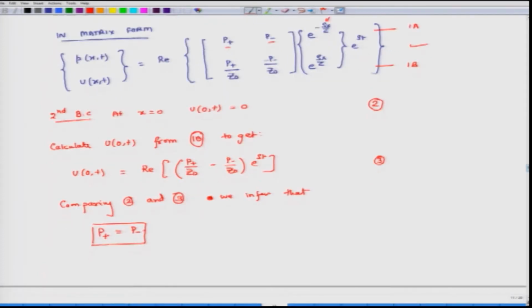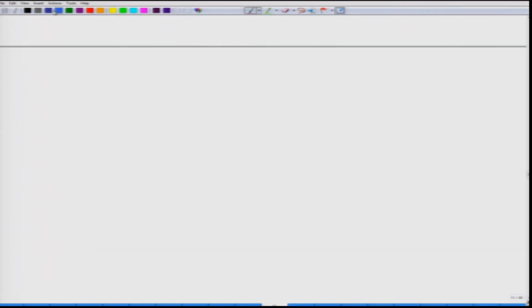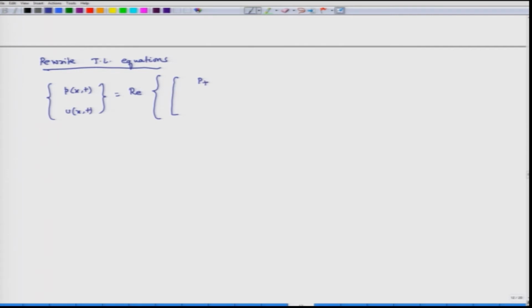Okay. So, using this understanding we rewrite the transmission line equations. So here we get P of x, t and u of x, t. The first constant is P plus and the next constant is P minus, but we just said that P plus equals P minus.